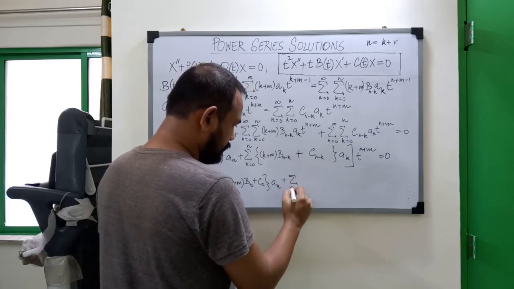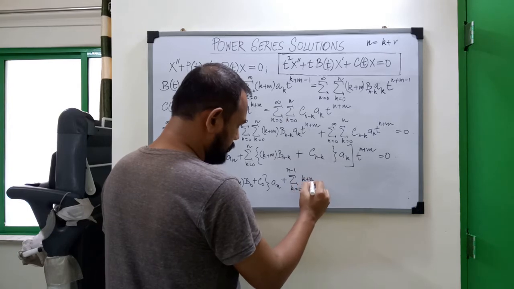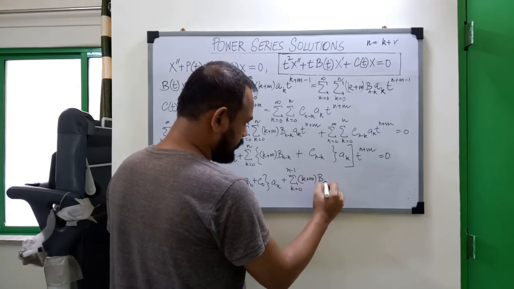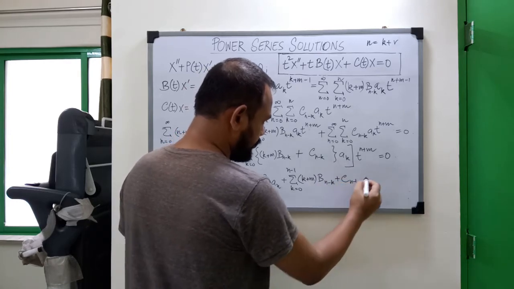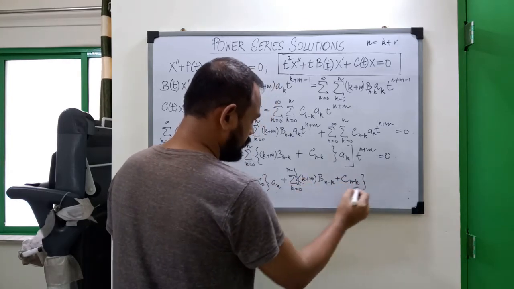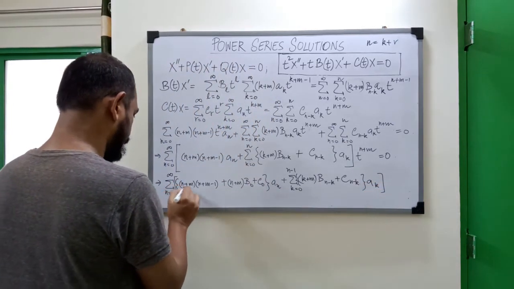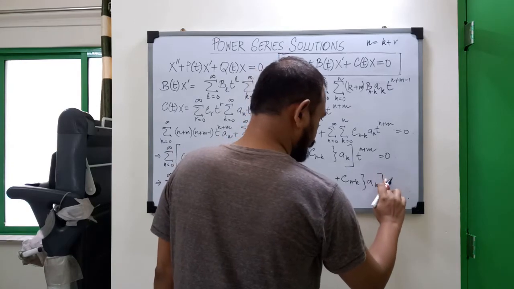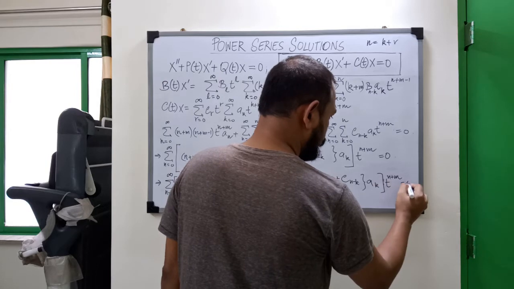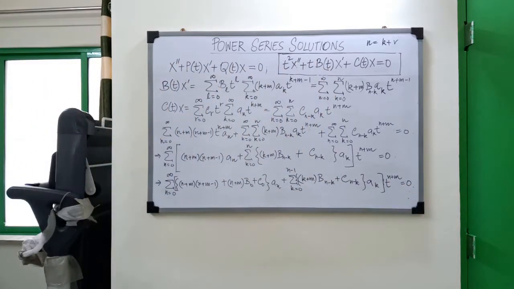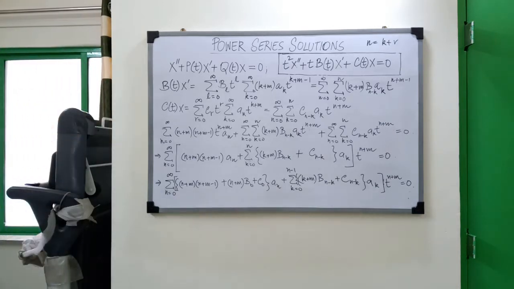So I will have k going from 0 to n minus 1. The entire thing remains up to there, (k+m) b_{n-k} plus c_{n-k}, the whole thing with a_k. And the entire thing has t^{n+m} equals 0. That's it. That's the final form.